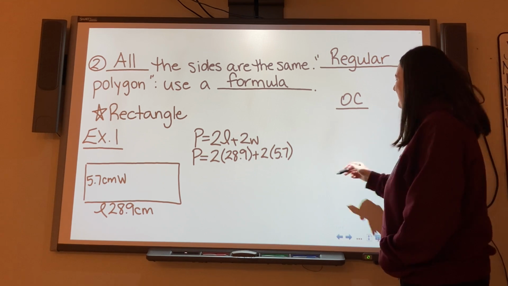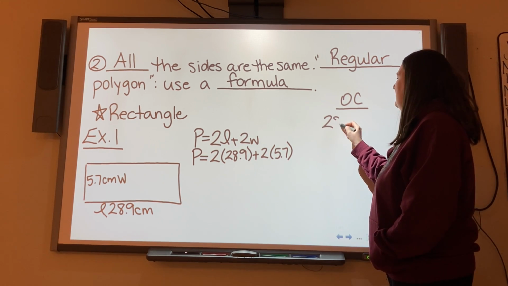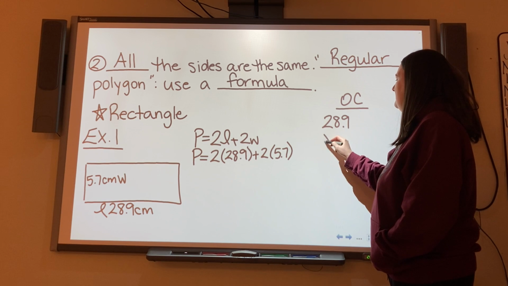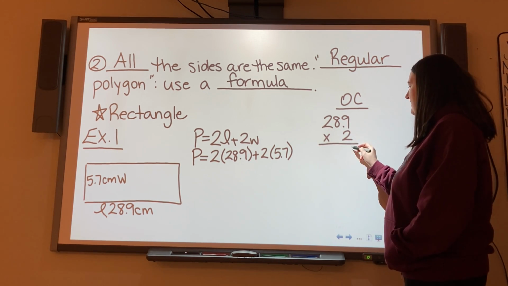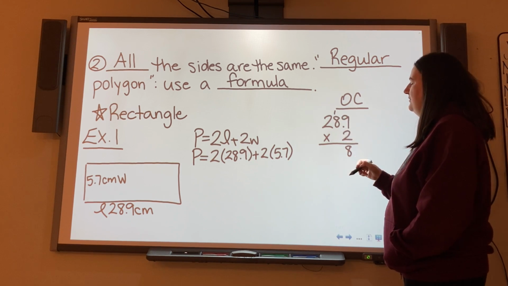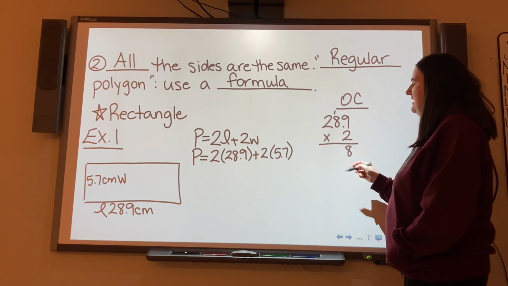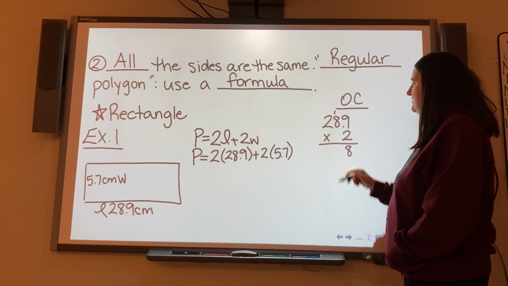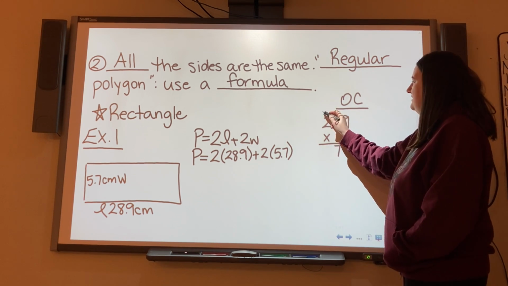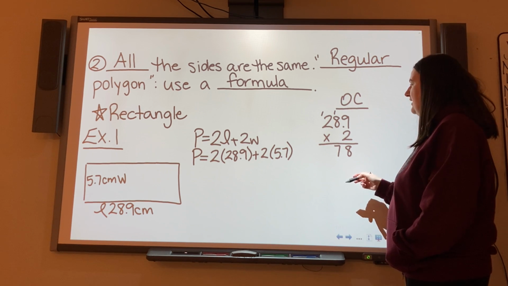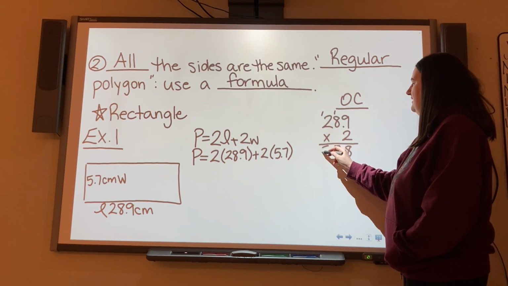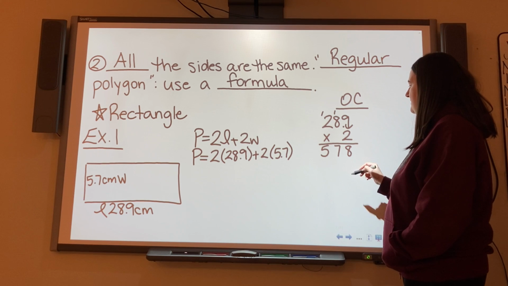I'm multiplying. 28.9 times 2. 2 times 9 is 18, carry your 1. 2 times 8 is 16, plus the one that I carried, 17, carry your 1. 2 times 2 is 4, plus the one that I carried is 5. 1 decimal spot.